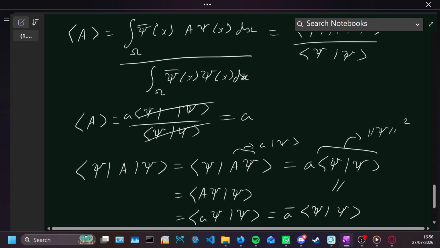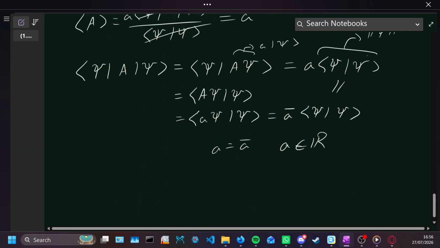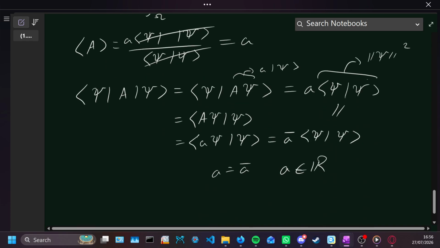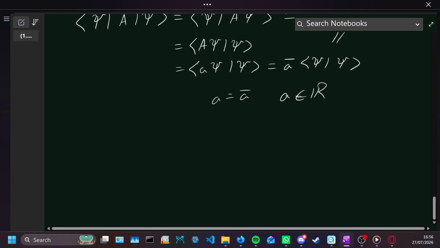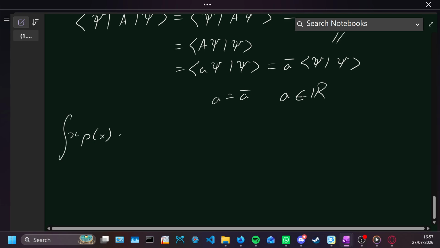I guess it's time to actually look at some operators then. The first and probably the most straightforward one is just position, which is going to be equivalent to multiplying by x. Because if I've got a probability density function of x, then the expected value of x is given by this integral.